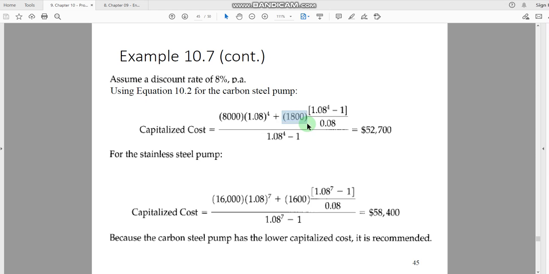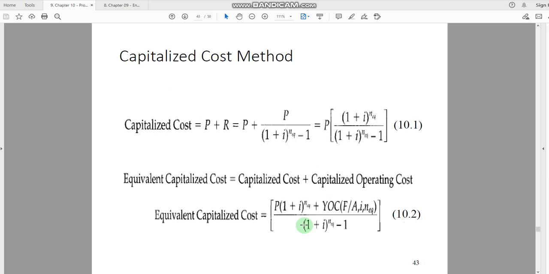Then 1,800 is the operating cost, times 1.08 with the power 4 minus 1, divided by the interest rate, and divided by 1.08 with the power 4 minus 1. We are just following this equation to get the equivalent capitalized cost.